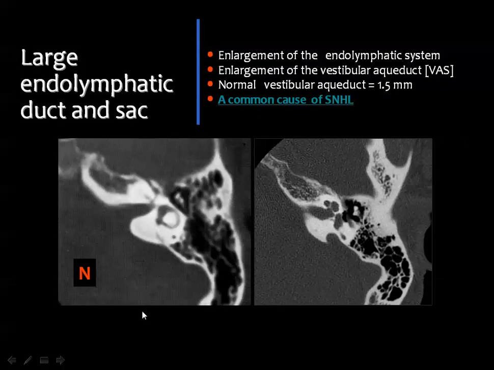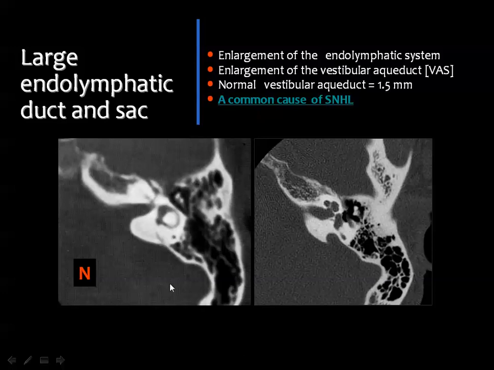Then we came to the inner ear structures, starting with this abnormality, which is one of the well-known abnormalities. It's known as large endolymphatic duct and sac, or it may be called vestibular aqueduct syndrome.